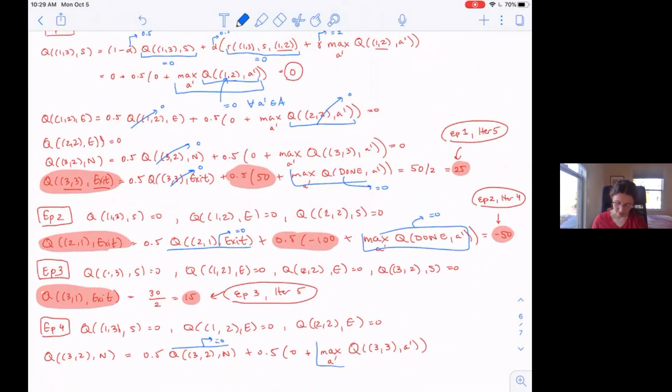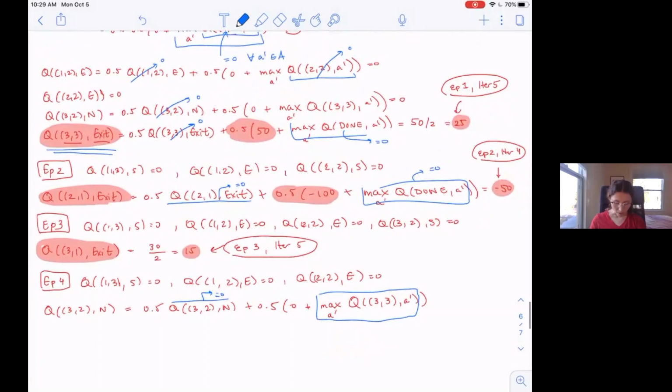What is interesting is this max over the best Q that we could get at the next state 3,3. Notice that we updated Q of 3,3 for the action exit. So far, if I plugged in any action here except for exit, I would always get 0. But if I plug in the action a prime equals exit, then I get a Q at this state which equals 25.